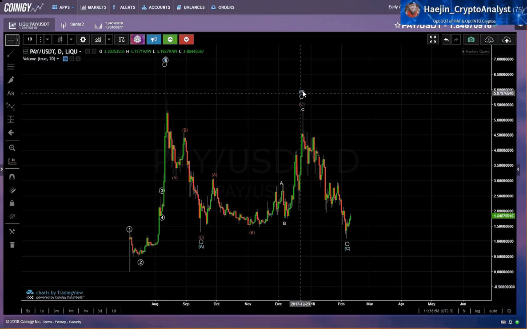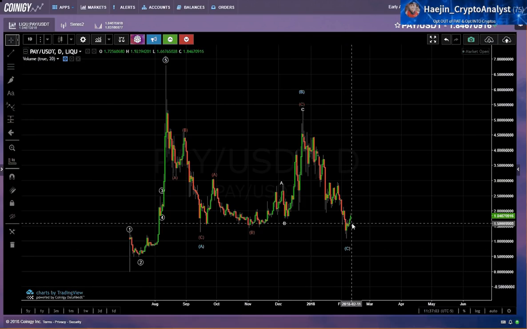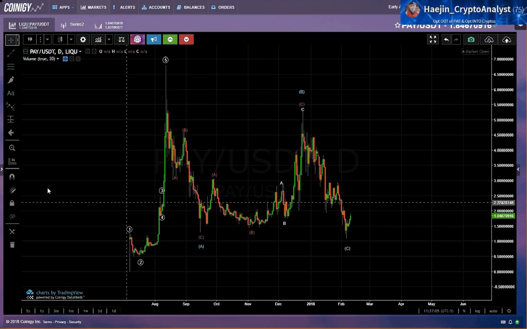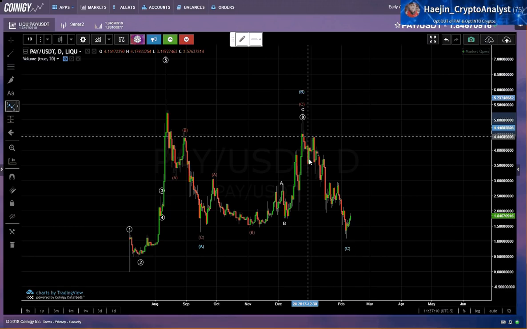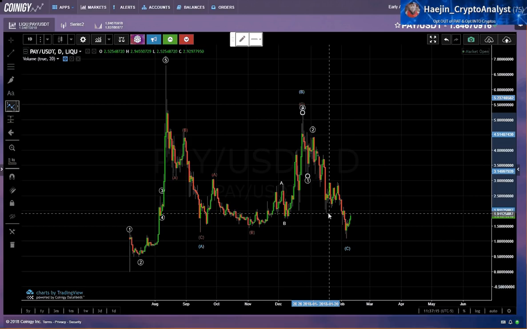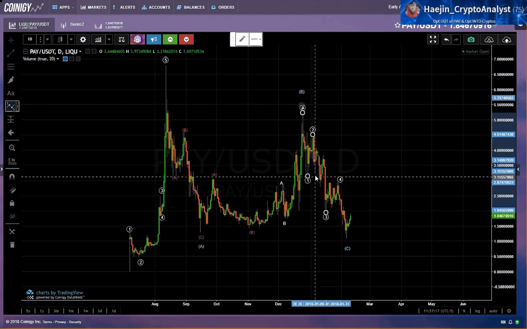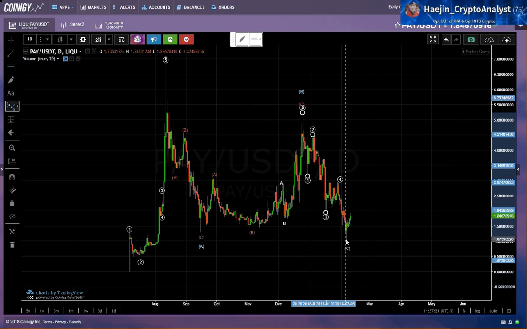And then from blue B to the blue C, which is this final C wave, 5 waves should be able to be identifiable. 1, 2, 3, 4, no overlapping between 4 and 1, and 5.